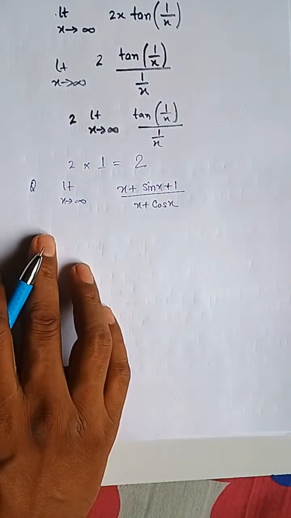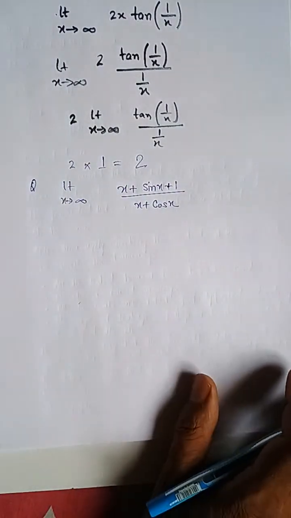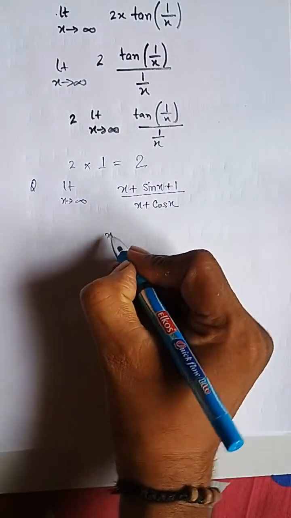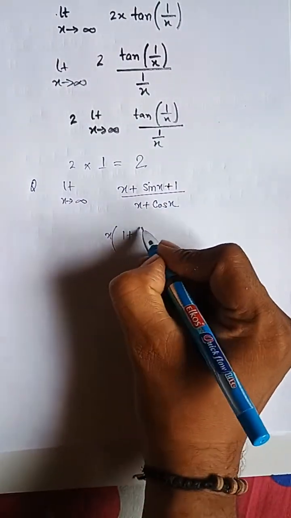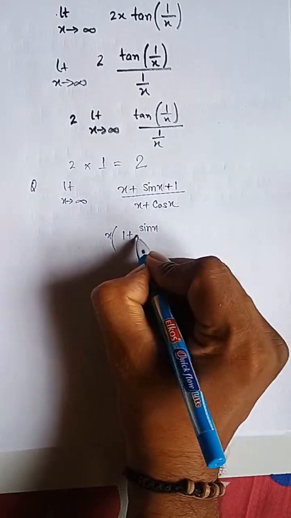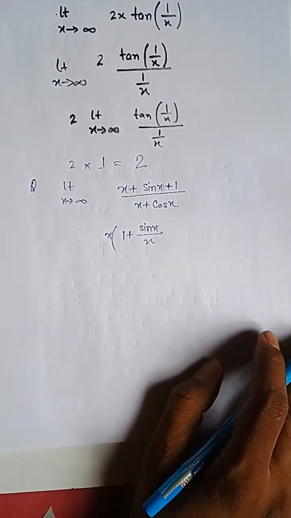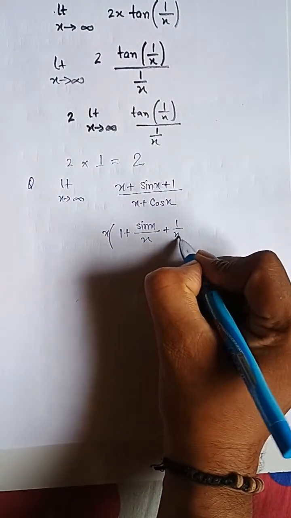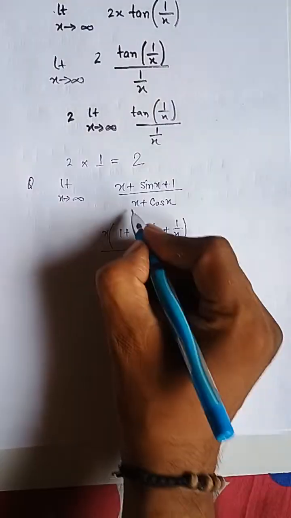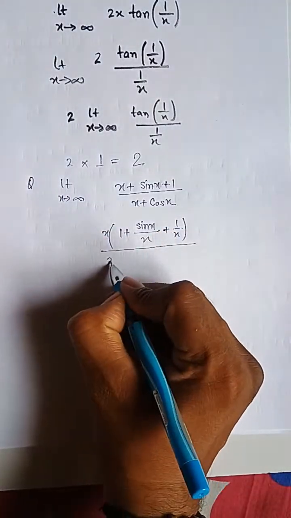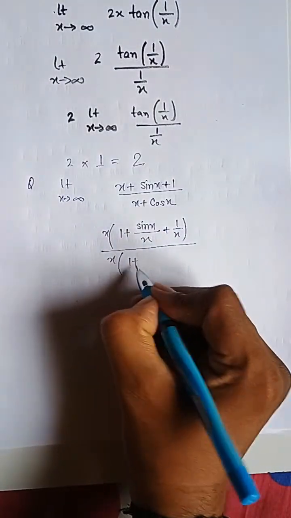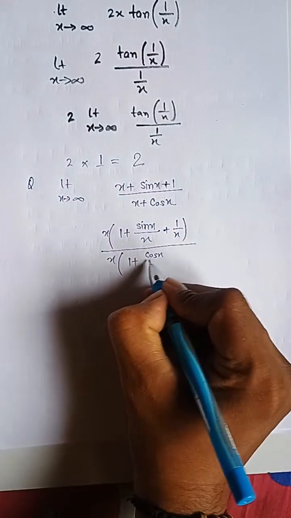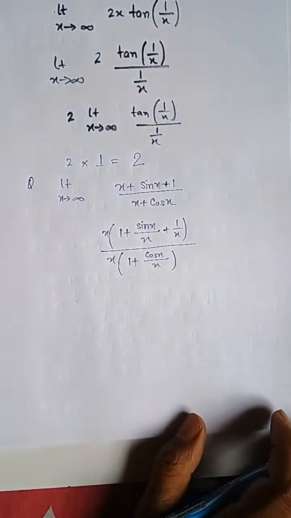So what I can do here, I'm taking x common, so I have 1, and then I have sin x by x plus 1 by x, divided by, I'm also taking x common from here, then I will be having 1 and then cos x by x.